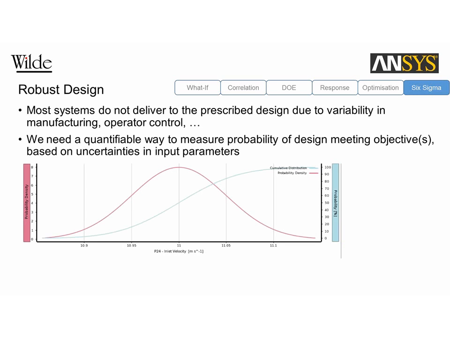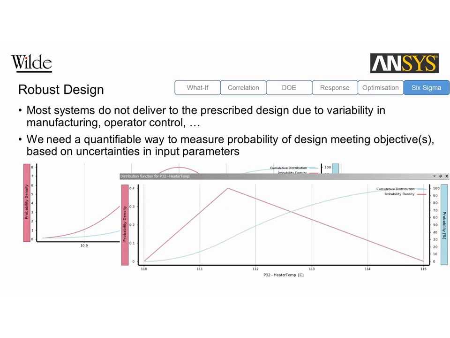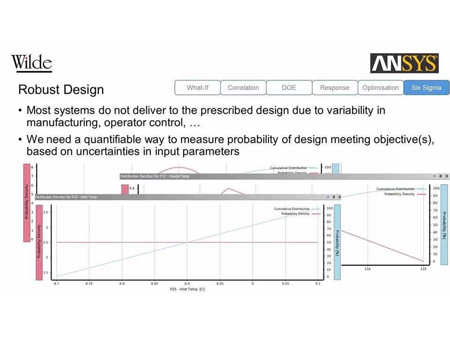So for the case that we have, we've given a normal distribution to the inlet velocity, saying we would like to receive 11 meters per second, but there's a chance that it could go either side of 11 meters per second. It doesn't have to be a normal distribution. It could be a triangular distribution weighted towards one value, or it could be a uniform distribution.